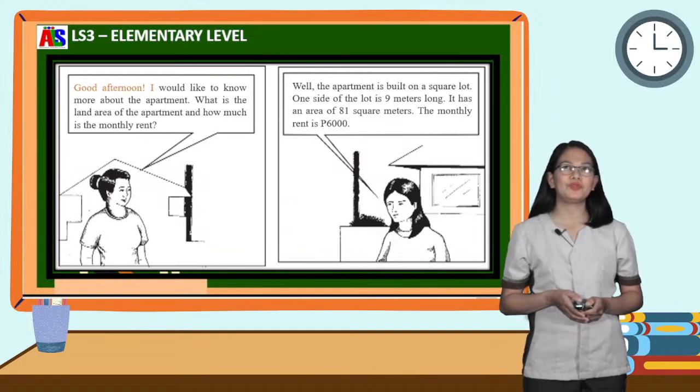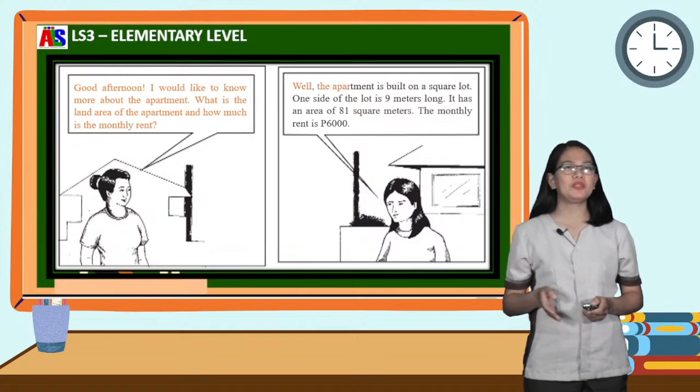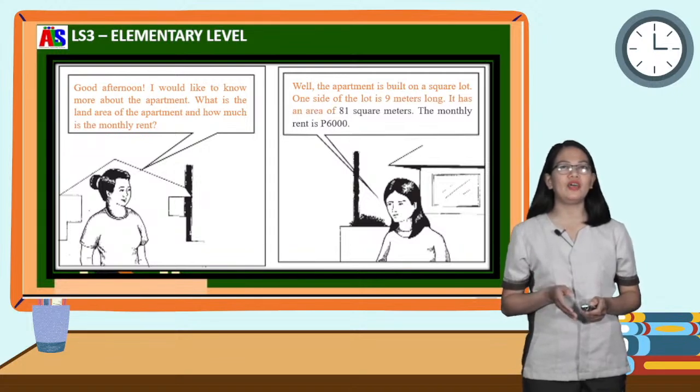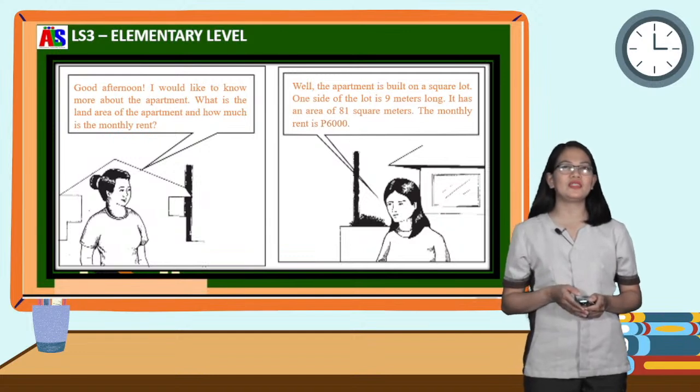Good afternoon. I would like to know more about the apartment. What is the land area of the apartment and how much is the monthly rent? Well, the apartment is built on a square lot. One side of the lot is 9 meters long. It has an area of 81 square meters. The monthly rent is 6,000 pesos.